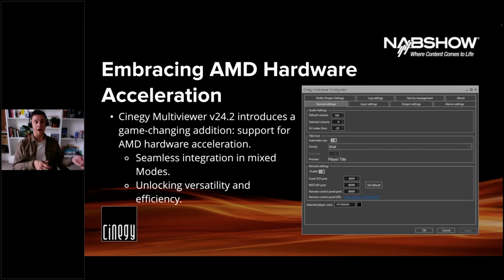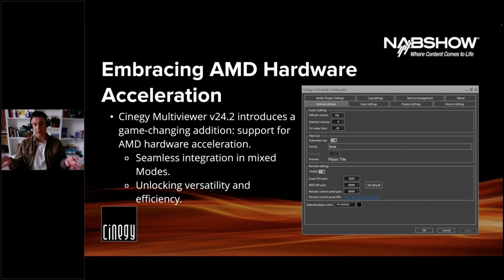GPUs for hardware acceleration of your encoding and decoding, for scaling. They can be used for anything that you would normally need an NVIDIA GPU. You can also use it in mixed modes. So, like if you equip your server with multiple GPUs and you are using an NVIDIA one and an AMD one, they can work side by side with no problem whatsoever.